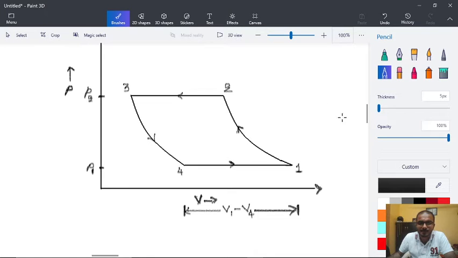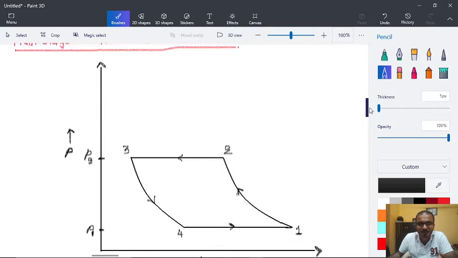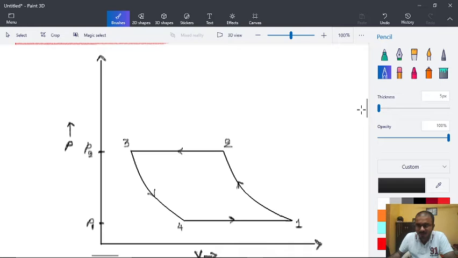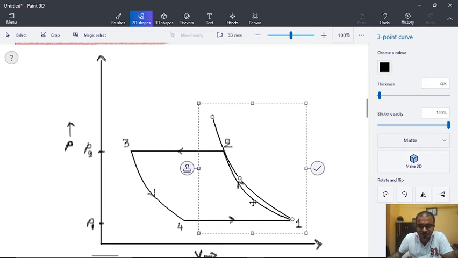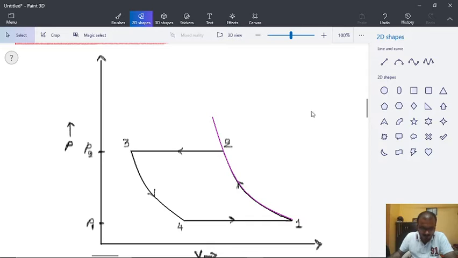And now let us say that we intend to increase the pressure ratio.